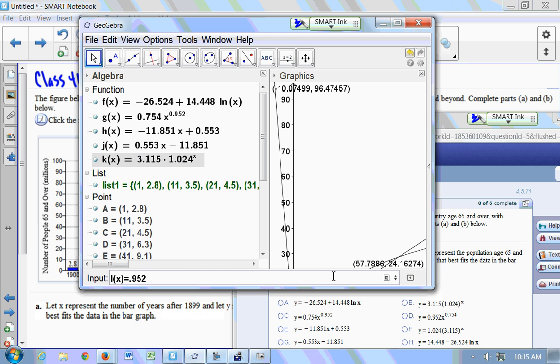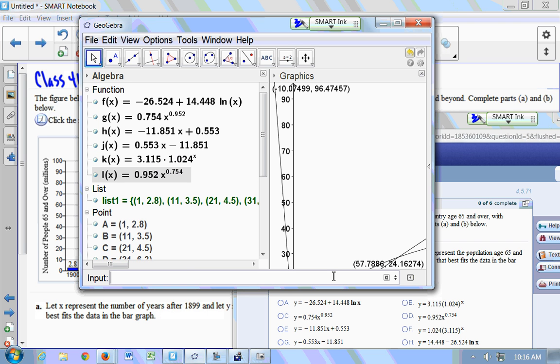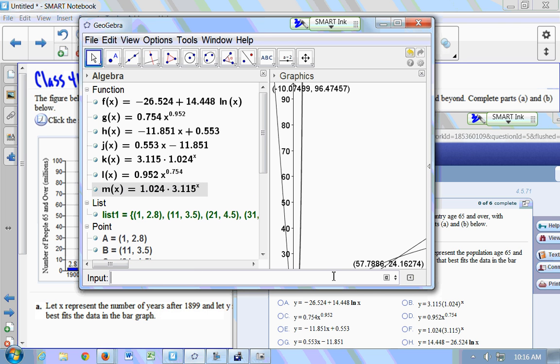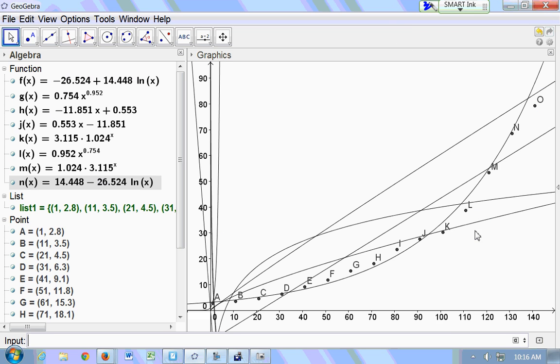Sorry, I have to just sit there and watch me do this. Okay, got them all typed in. So then we've got to decide which one looks best on this data.